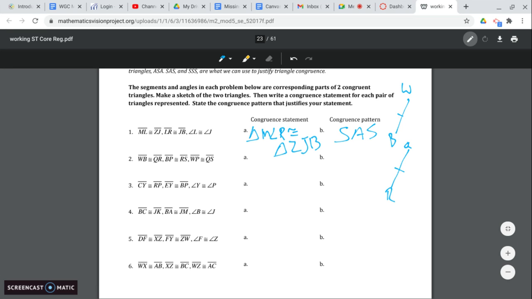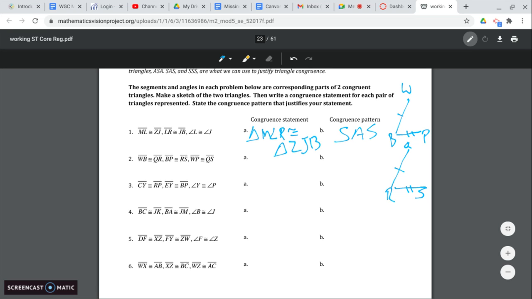Put our single tick mark on there. Tick marks show what sides are congruent, so because they each have a single tick mark, we know they're congruent to one another. Now we have side BP is congruent to side RS. So B extended out, get P, R extended out, S. And then last but not least, WP is congruent to QS.